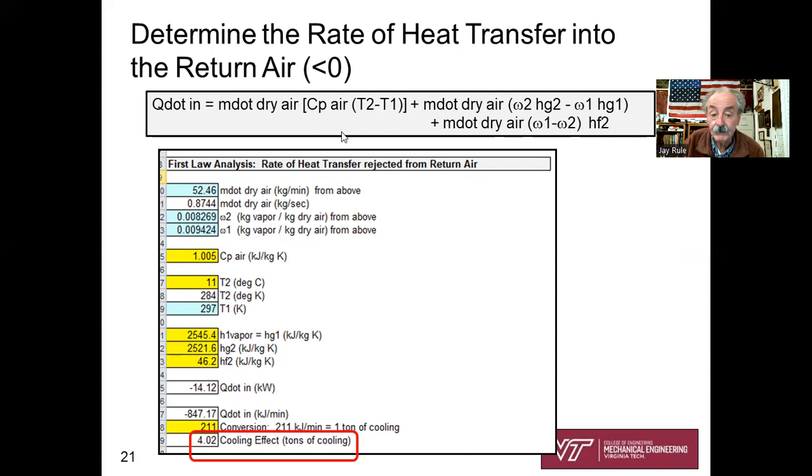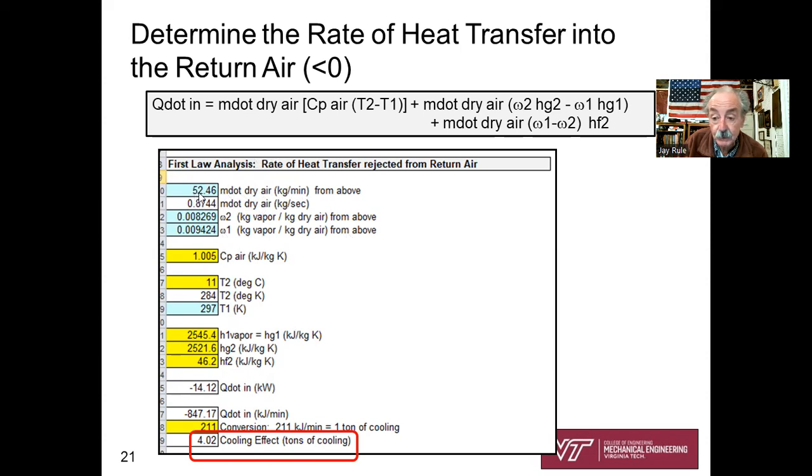Here's my first law. So I've got Q dot N equals negative 1412 kilowatts. Oh, notice here, to get units straight, look at my work. I have m dot dry air of 52.46 kilograms per minute. In order to get units straight of kilowatts, kilojoules per second, I needed to transform my m dot of dry air to kilograms per second.